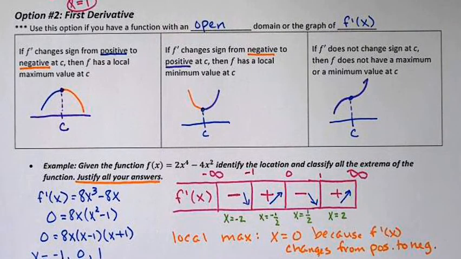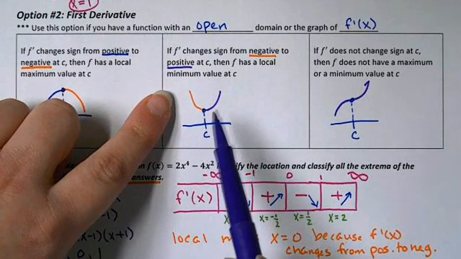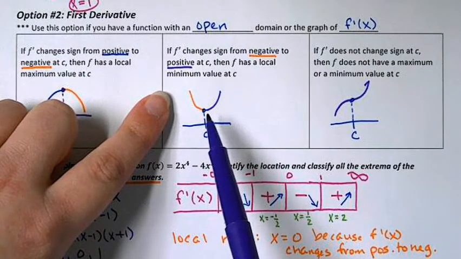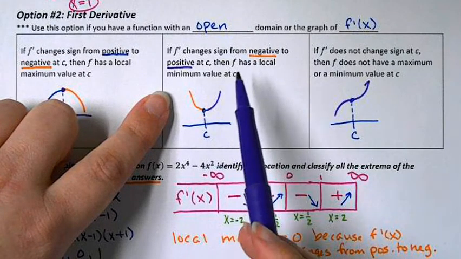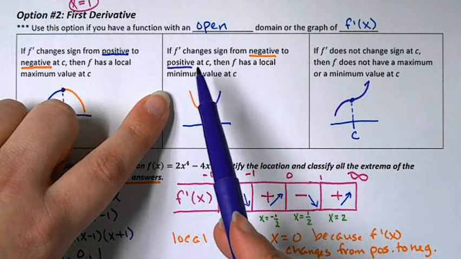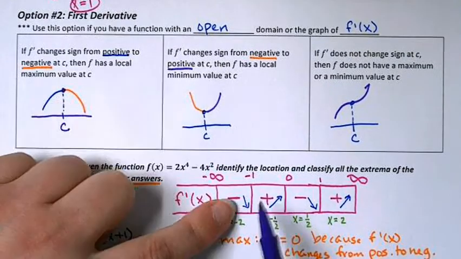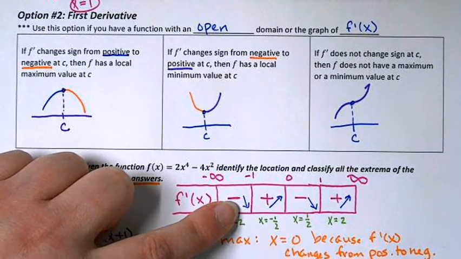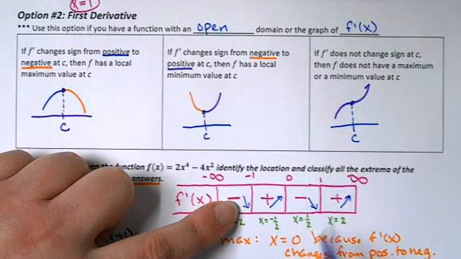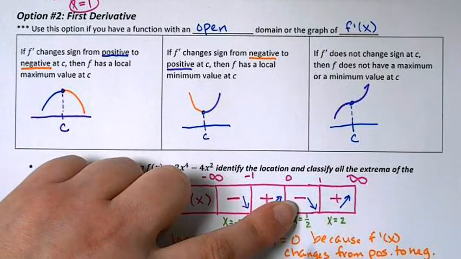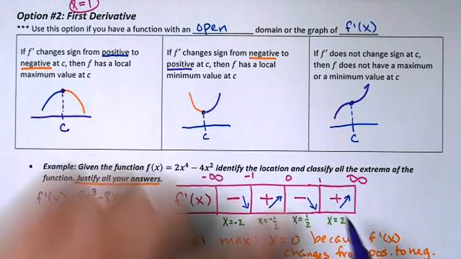Now let's find the local minimum. So we know local minima occur when f prime changes from negative to positive. So we have local minima, negative to positive, so x equals -1. And then we have another one at x equals +1, because again, we changed from negative to positive.